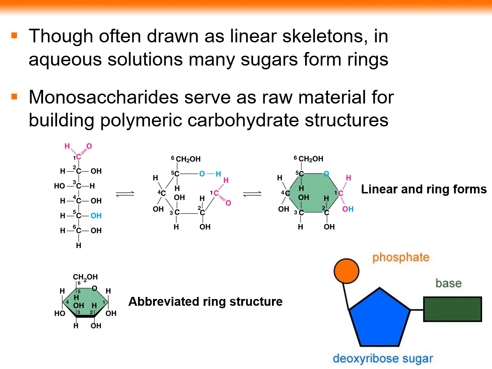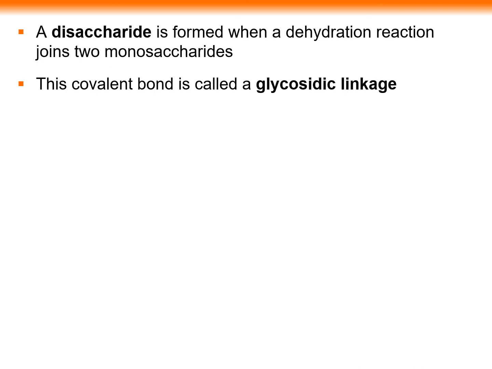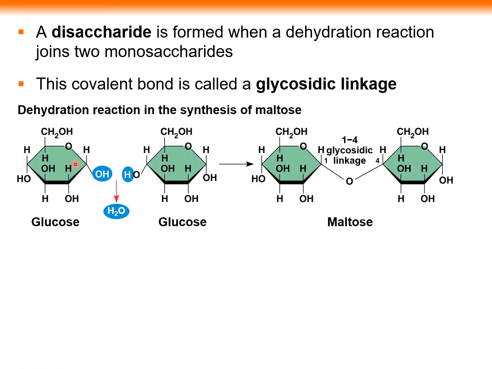And so when we're linking carbohydrates together, whether it's 2 monosaccharides to form a disaccharide, or adding monosaccharides onto a longer polymer carbohydrate, that's forming a covalent bond we call a glycosidic linkage or a glycosidic bond. For instance, if we're making the disaccharide maltose, we take 2 glucoses and we link them together, creating water as a product, and it's creating this glycosidic bond with this oxygen here.